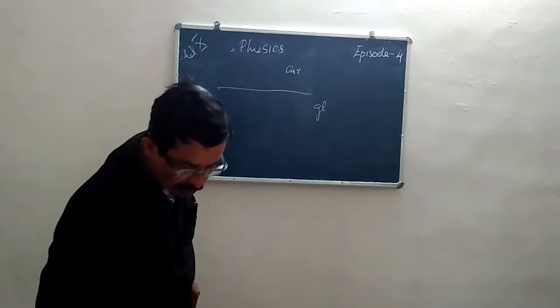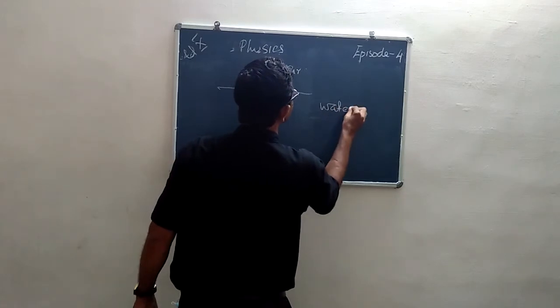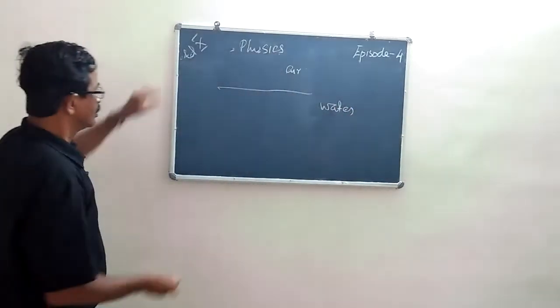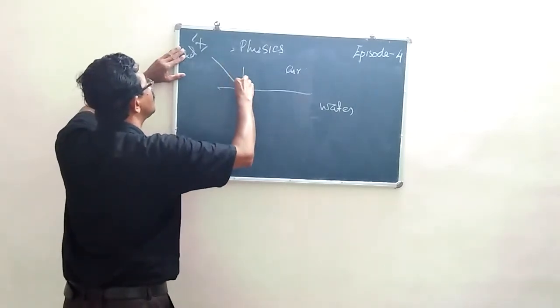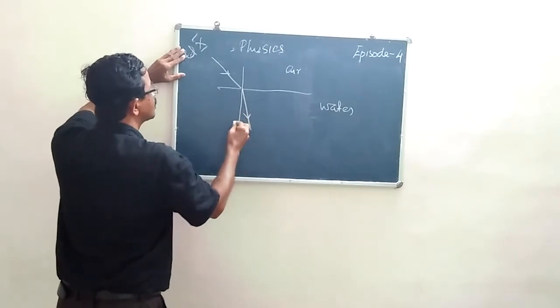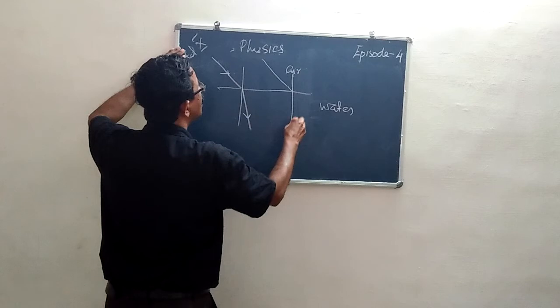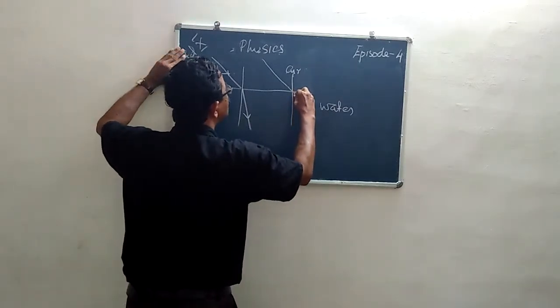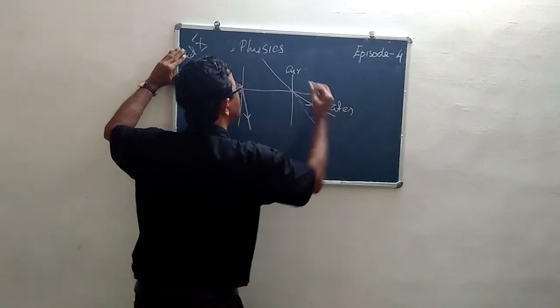These are the two figures: it will bend towards the normal this way, or this is the actual path, or bend away from the normal. This is the question.